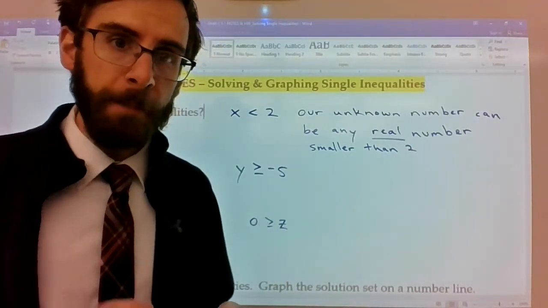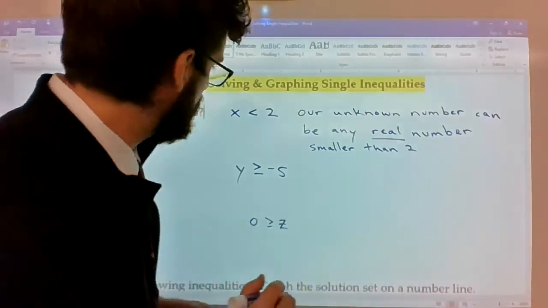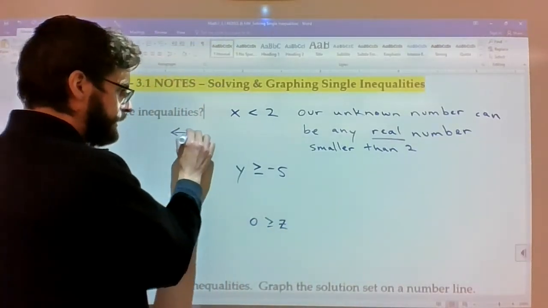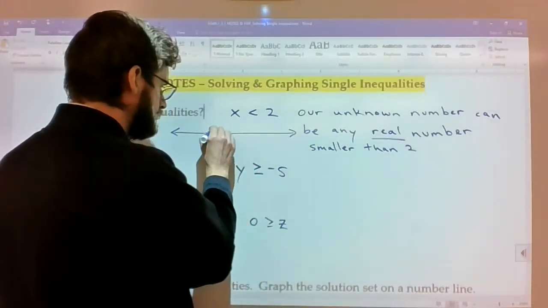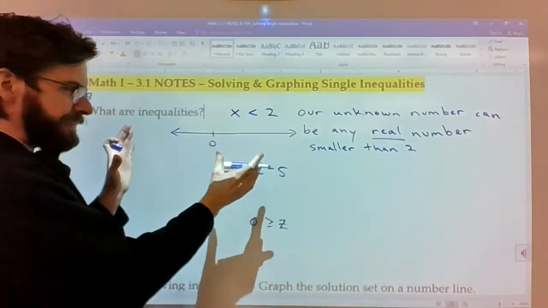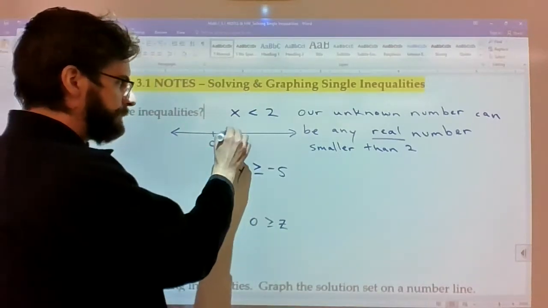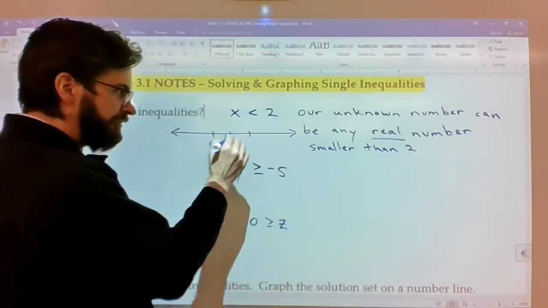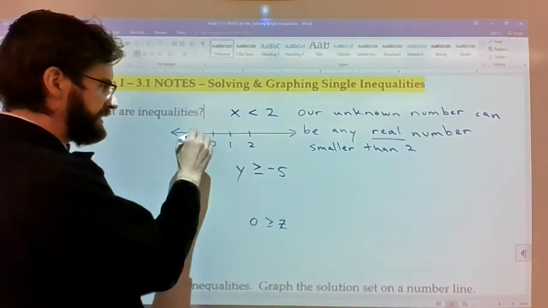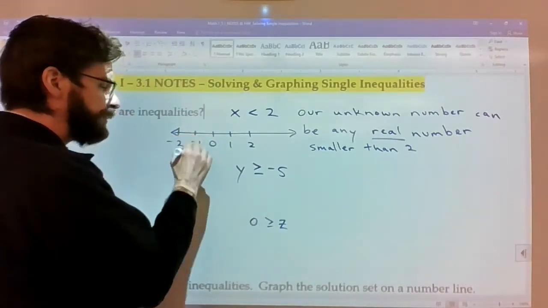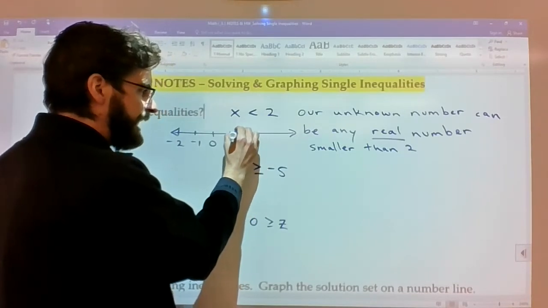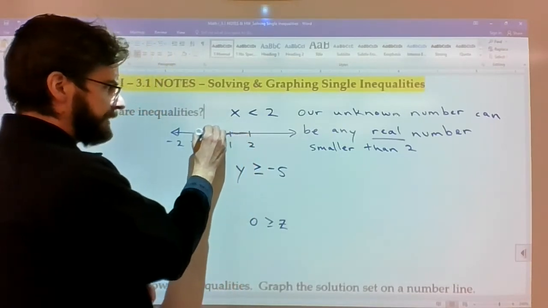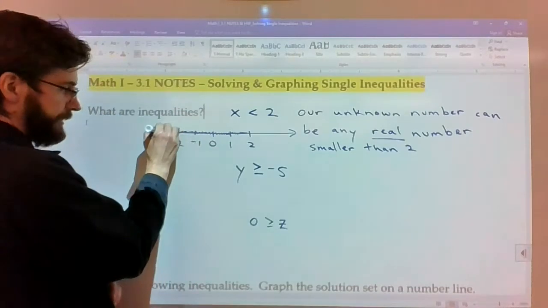And what we do to represent visually what those answers are is we create a number line, give some perspective on the number line, make sure you put at least the 0 value, a couple positive and a couple negative, and we say every single point left of 2 on the number line represents those solutions right there.